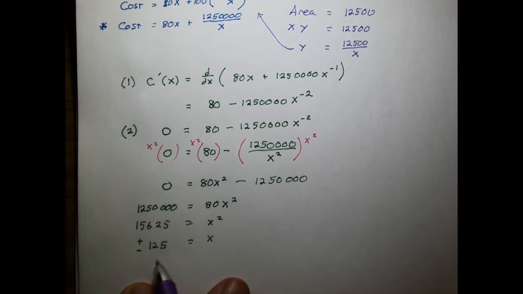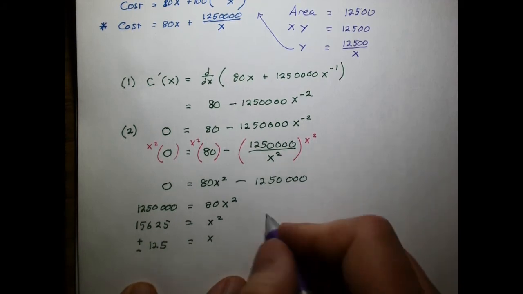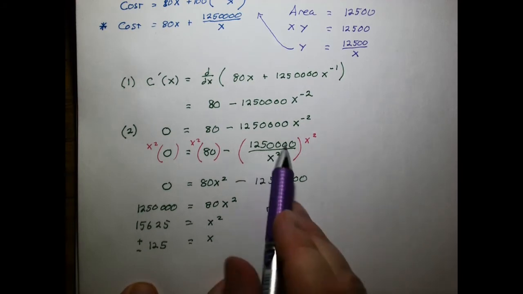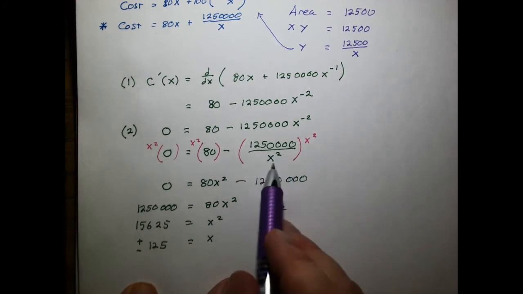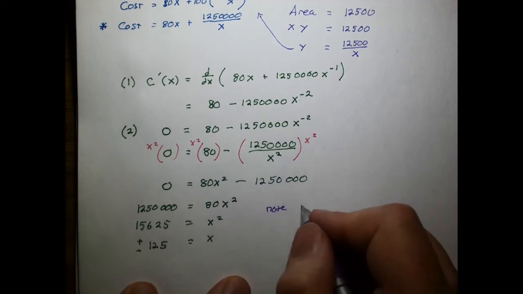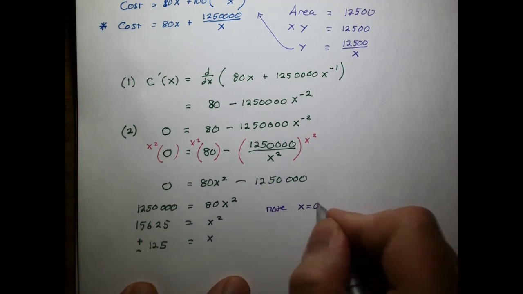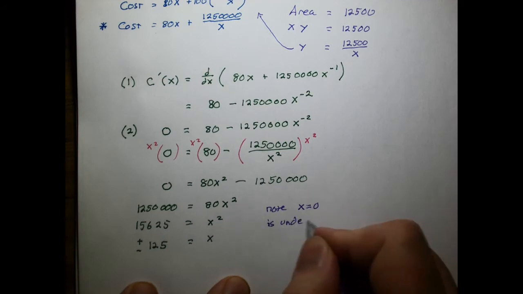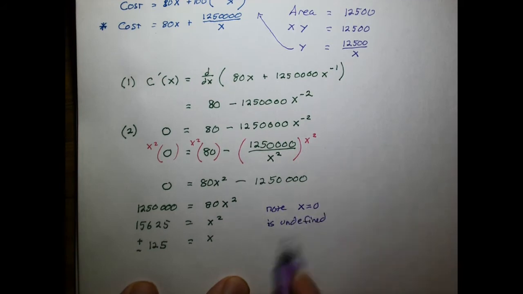All right, so we've got our x values. However, right here we have an x in the denominator, so we should note x equals 0 is an undefined point. So we actually have three potential numbers to test.